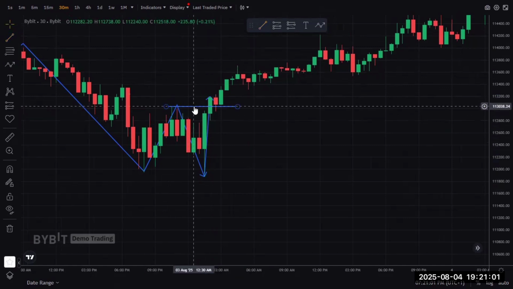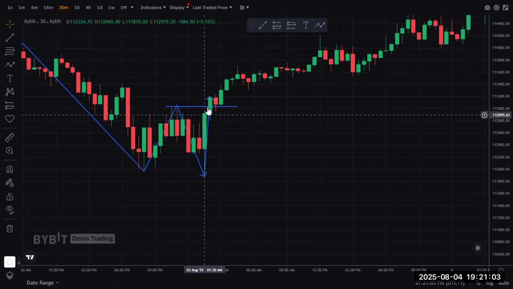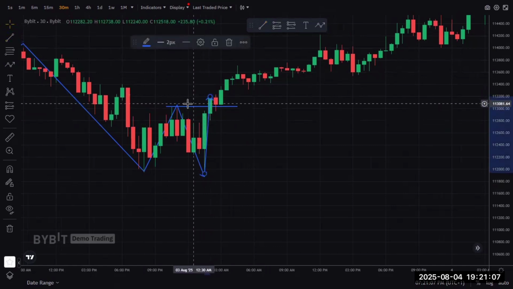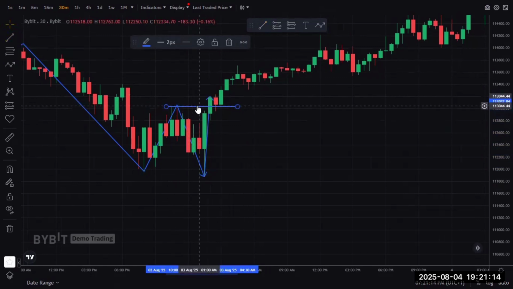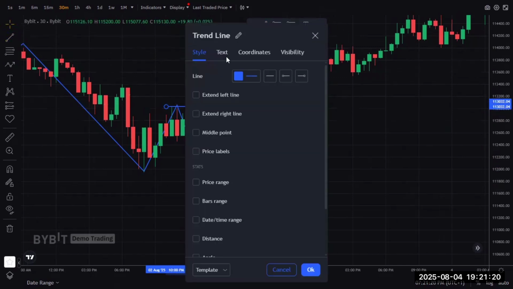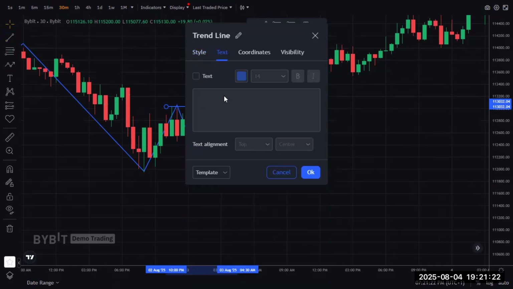this particular thing that occurred here, where price breaks and closes with a full body candle above a previous lower high that was formed, is known as a change of character. So we have a change of character here, or what some people refer to it as.